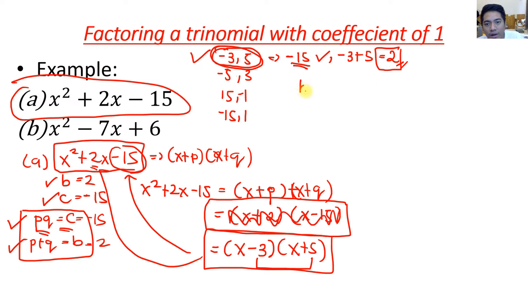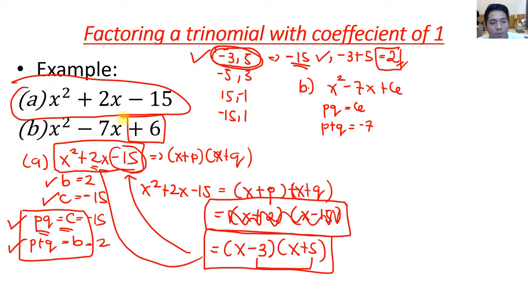How about for number 2? We have x squared minus 7x plus 6. So we know that pq should be equal to 6 and p plus q should be equal to negative 7. What are the two numbers that, when we multiply, will produce positive 6, and when we add, will produce negative 7? You can think of the factors of 6.